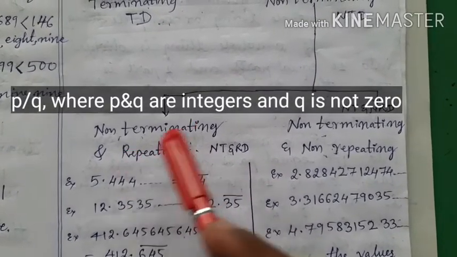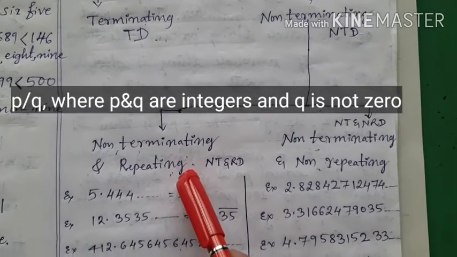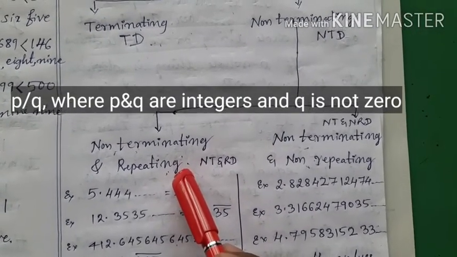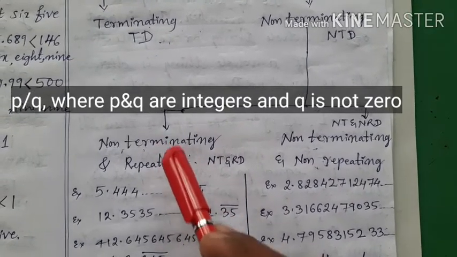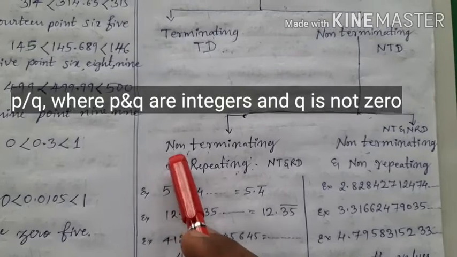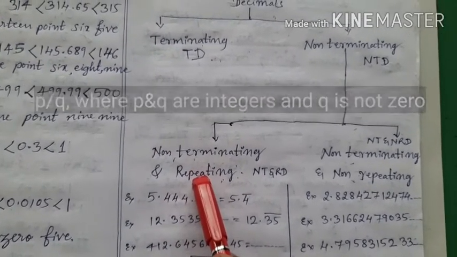So, non-terminating and repeating decimals are rational numbers because these decimals can be expressed in the form of p by q, where p and q are integers and q is not equal to 0.